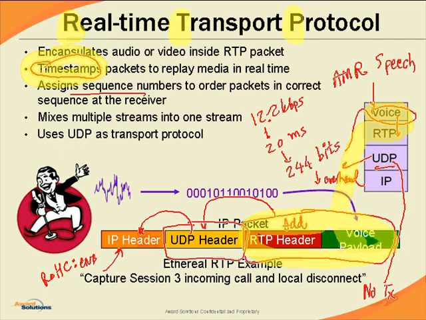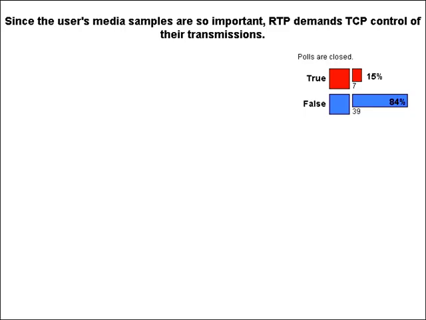You do not want to do retransmission. No retransmission. Because by the time TCP figures out that we are missing a packet, several seconds may have already elapsed, and that's why no TCP to carry real-time voice traffic. Okay, thank you.